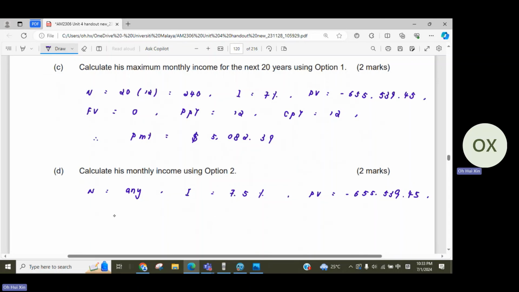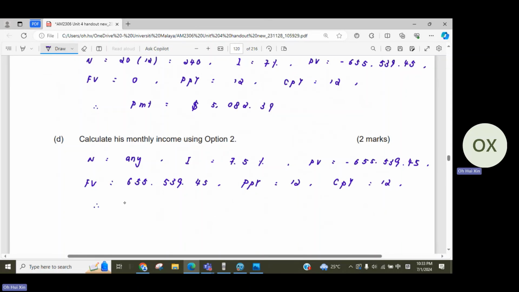Because we are doing a perpetuity, we expect the FV wouldn't be decreasing, so the FV is still the same. PPY and CPY don't change. Key in the entire thing in the calculator, then we should be able to get PMT equals to 4,097.12. Okay, so that's the PMT.